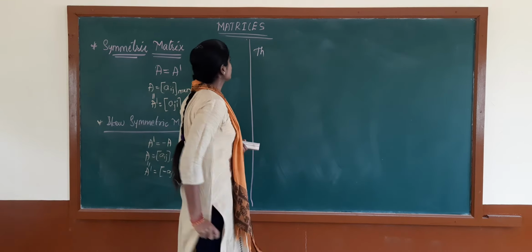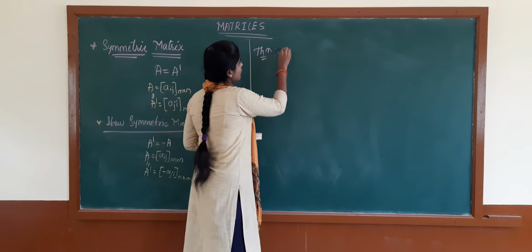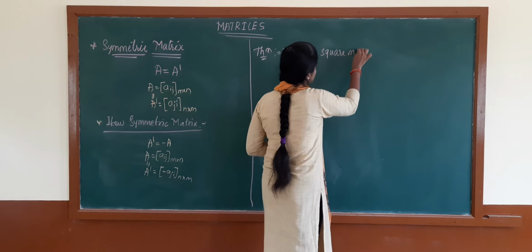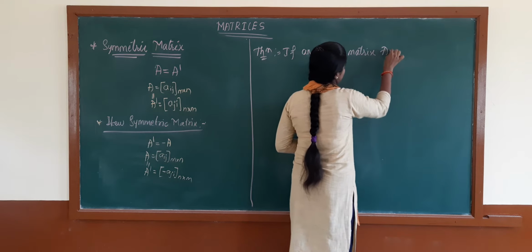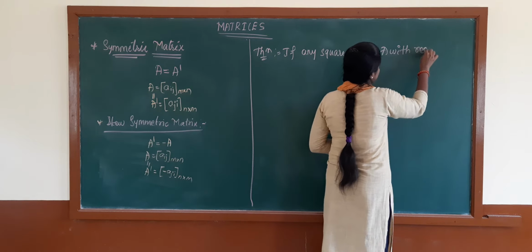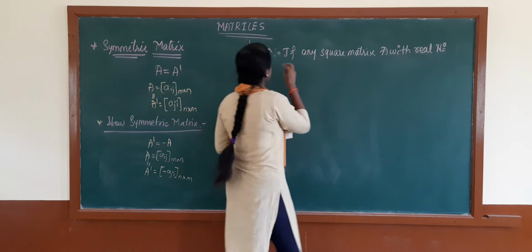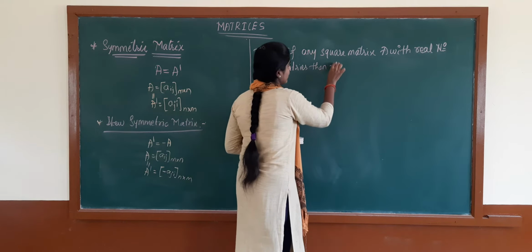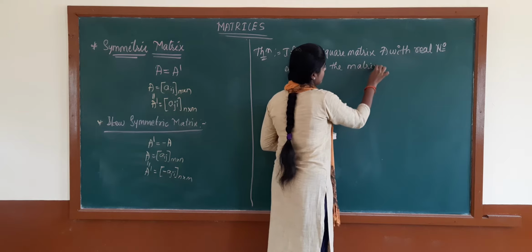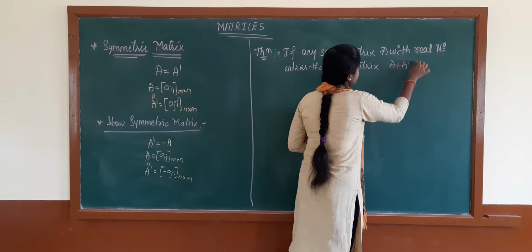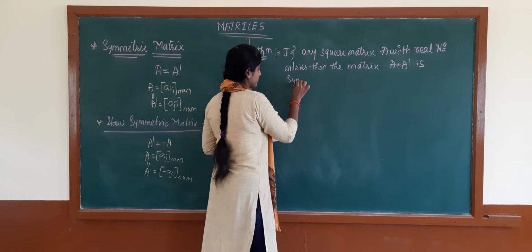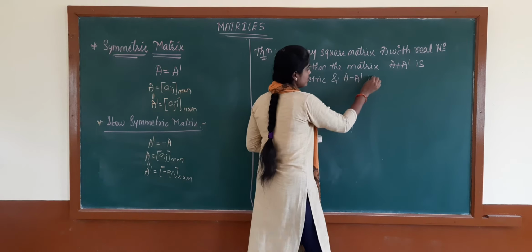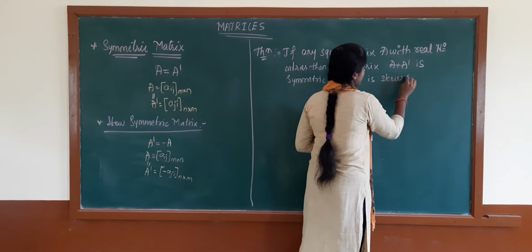Theorem: If A is any square matrix with real number entries, then the matrix A plus A dash is symmetric, and A minus A dash is a skew symmetric matrix.